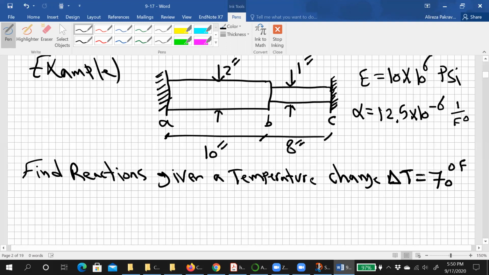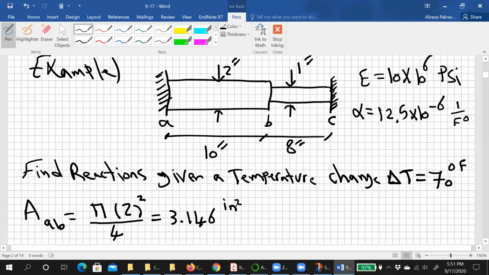Before solving the problem, let's find the cross sections area, right? For AB would be pi times 2 inch over 4. Then would be 6 inches square, right?